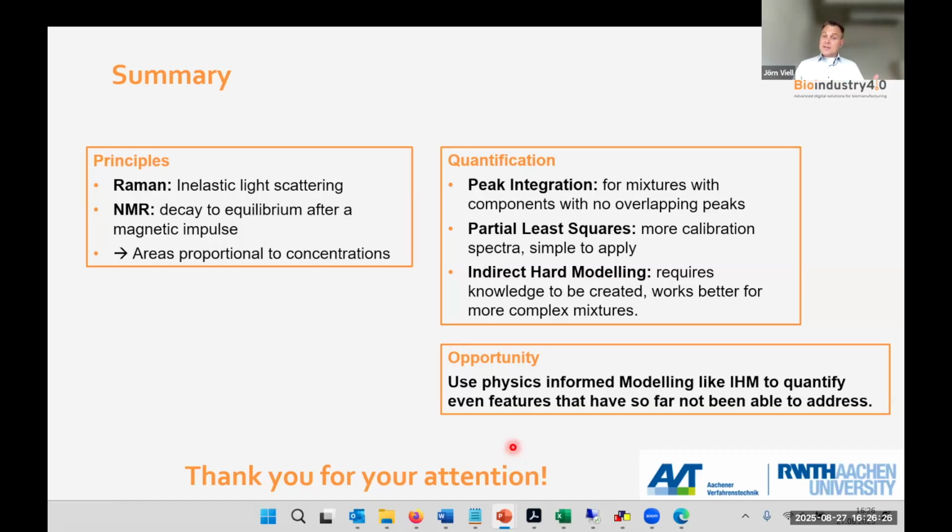Partial least squares is state of the art, and indirect hard modeling, I think, is something that would open up opportunities for us, in particular when we use physics-informed modeling in combination with statistical or artificial intelligence modeling in order to unlock features that have not even been addressed so far in Raman or biotechnology.